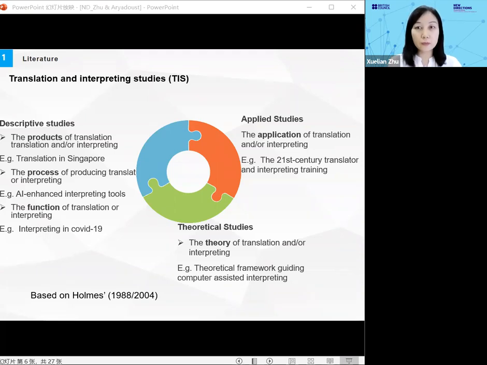They are descriptive studies, applied studies, and theoretical studies, attempting to present a kind of atlas of TS. Given that TS has undergone fundamental changes in its paradigms, models, and methodologies, Holmes' map or atlas may not fully represent current research and innovations.